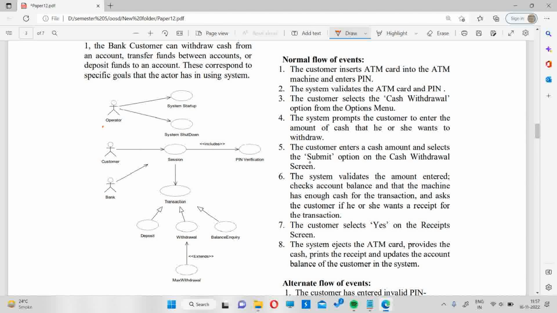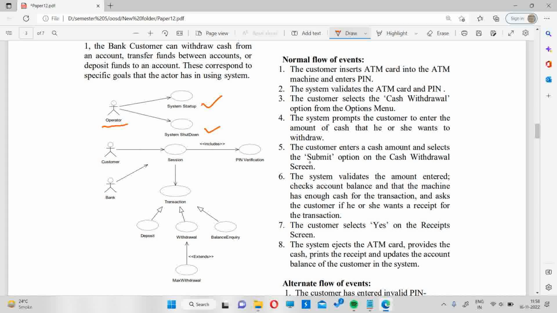Now, one is the operator, which operates the ATM. I know that ATM is an automatic machine, but every machine has someone to control it, because in any worst case there should be someone for interruption from the outside. The operator starts the system and shuts the system.